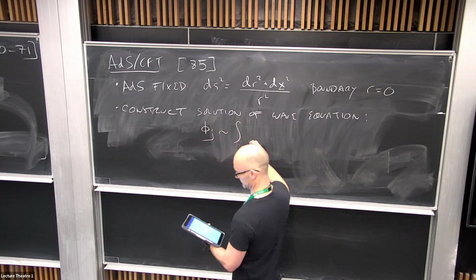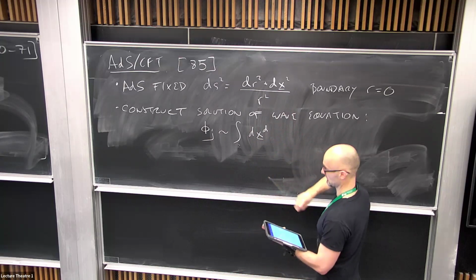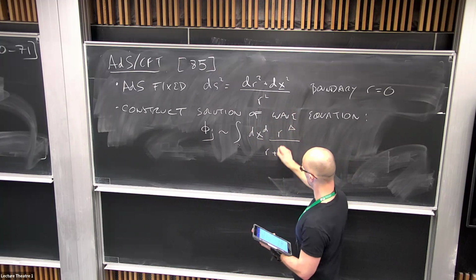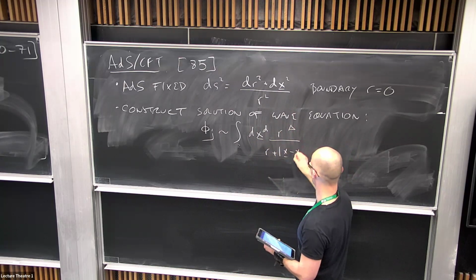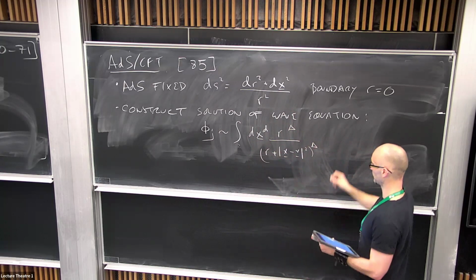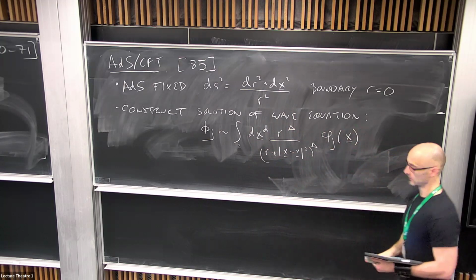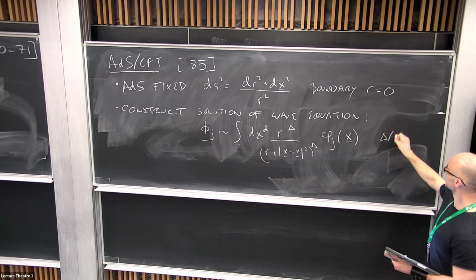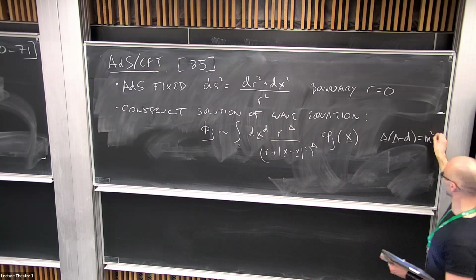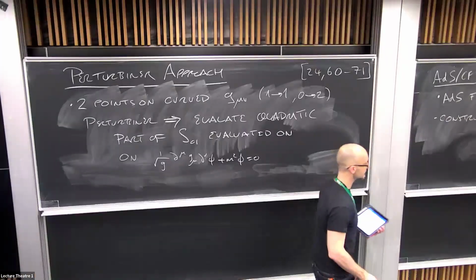Roughly speaking, it looks like (r/(r² + x²))^Δ, some conformal weight Δ, and then there's some φ_J, which lives on the boundary.